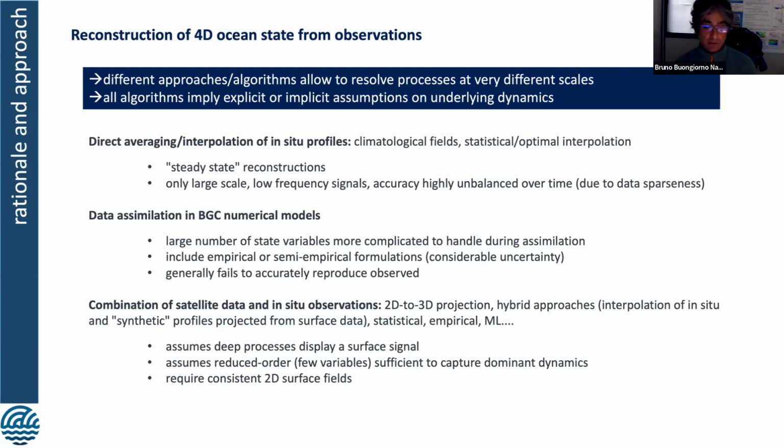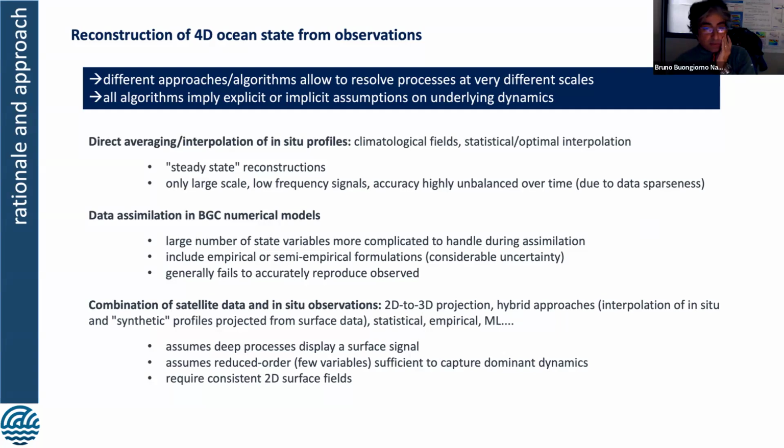And then there are also problems related to the fact that the dynamics described in the models does not always fully fit what is found in the observations. So there's considerable uncertainty, and more difficulty getting a model that is close enough to the observations to allow an accurate and effective assimilation of the observations in the analysis step.